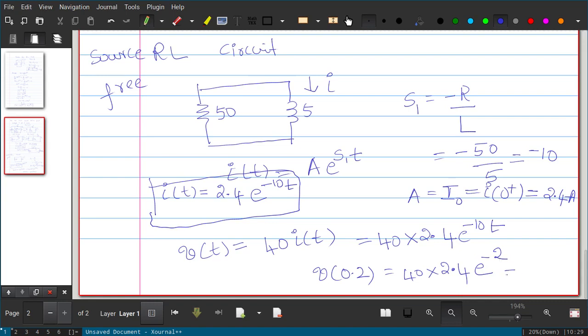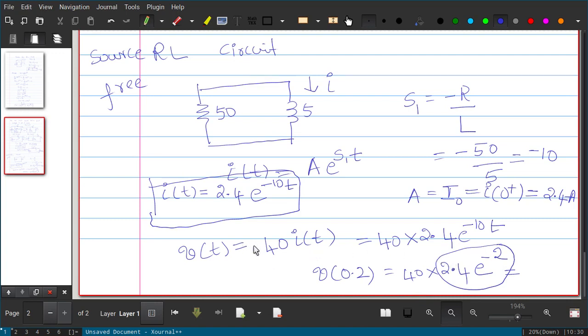If you multiply e power minus 2 into 2.4, you will get 0.324. That should be multiplied by 40. So there is one more thing here.